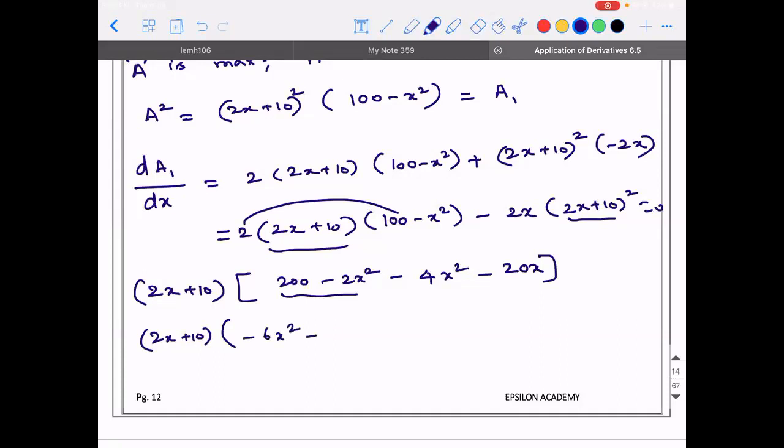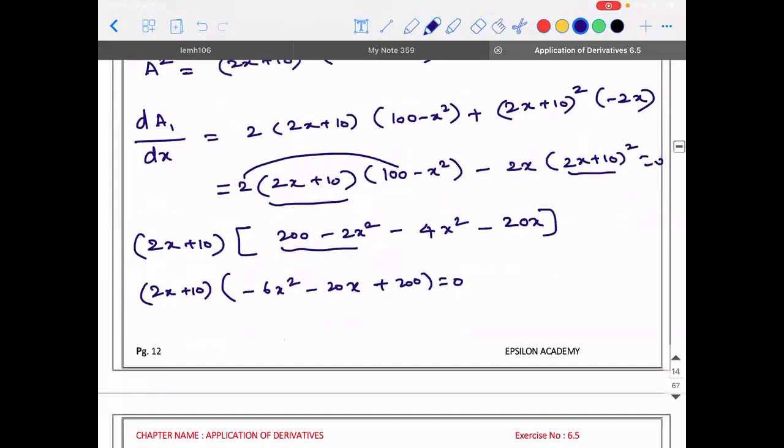So 2x plus 10 into minus 6x square minus 20x plus 200 is equal to 0. If I take the common value, then it will become 3x square plus 10x minus 100 is equal to 0. So x is equal to minus 5 is ruled out.